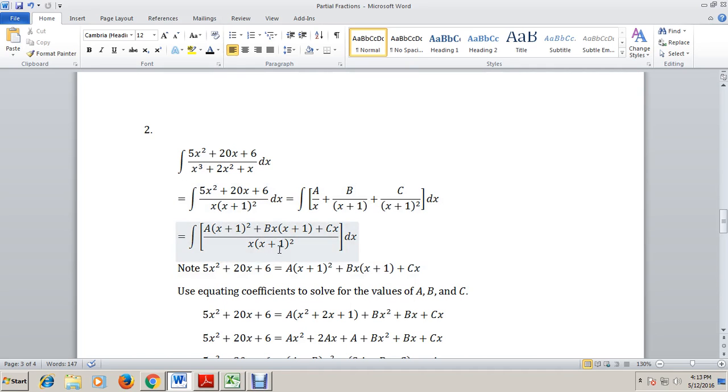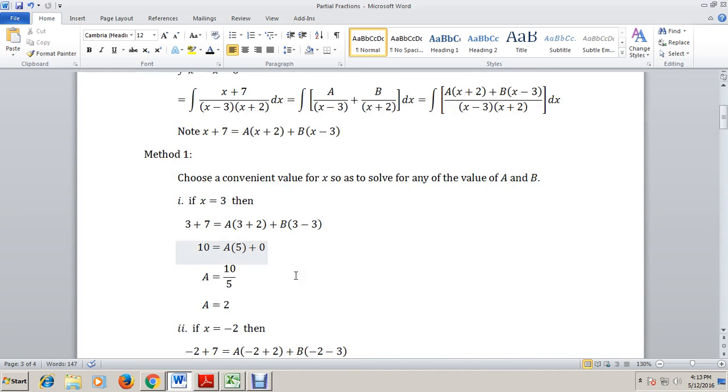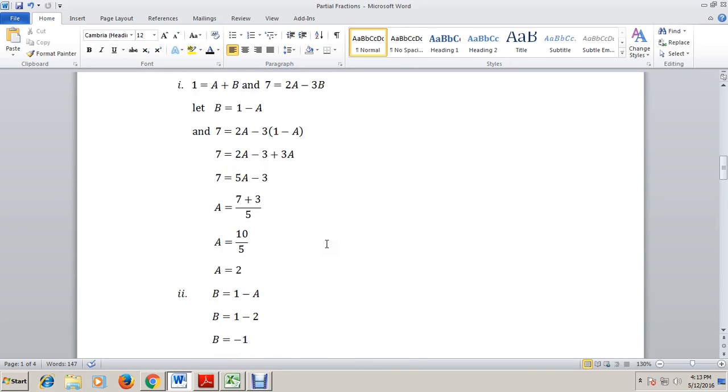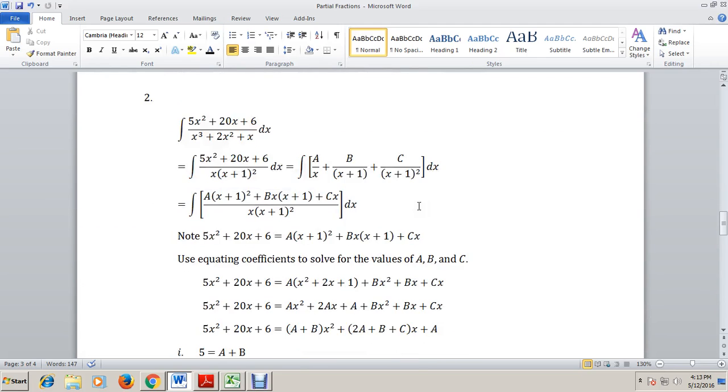Now, of course, from this expression, we need to take note that our original numerator, which is 5x squared plus 20x plus 6, should be equal to this whole expression resulting from the addition of the partial fractions. Since this is a rather complicated expression, choosing between the first method and the second method, it is quite obviously preferable that we use the second method, equating coefficients, to solve for the values of a, b, and c.